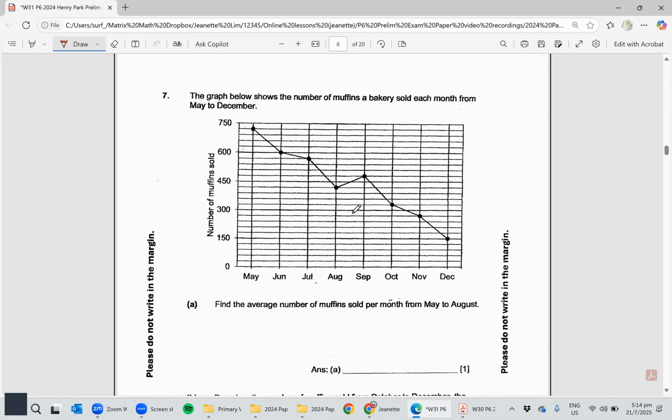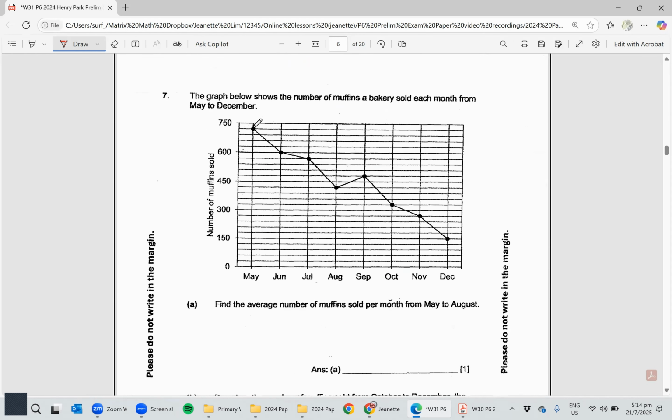Question 7. The graph below shows the number of muffins a bakery sold each month from May to December. So we're supposed to find the average from May to August. Okay, let's write down all the numbers first. For May, take note that this is 0 to 150 in 5 intervals, so each interval is plus 30.